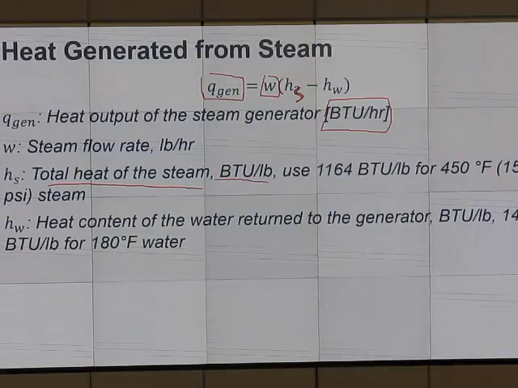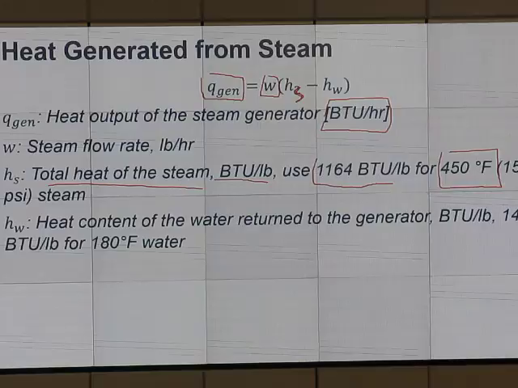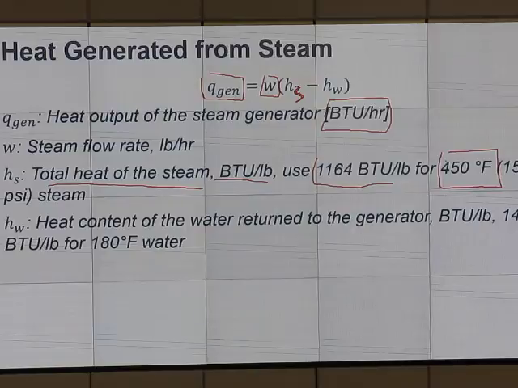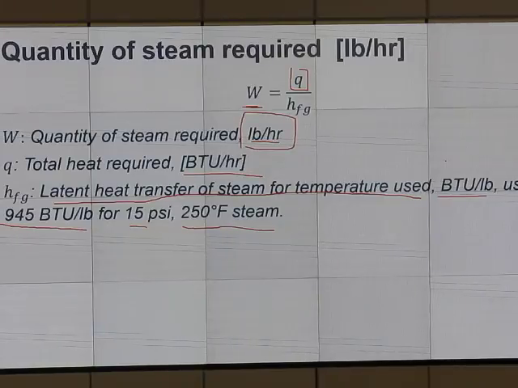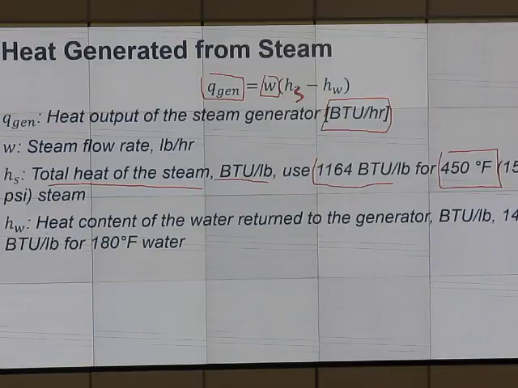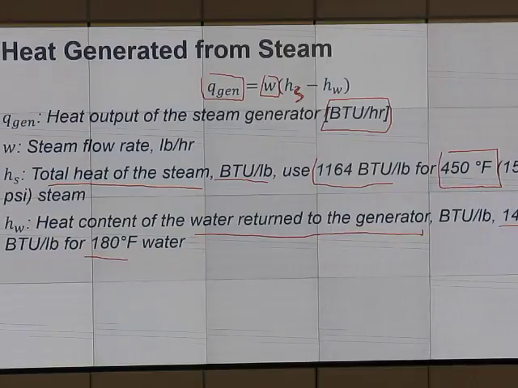We use 1164 BTU per pound for 450 F. If it is not 450, you use some other value like 945. So it depends on what is the temperature of the steam that we heat it to. And HW is the heat content of the water returned to the generator. So we use 150 or 148 for 180 F of water.